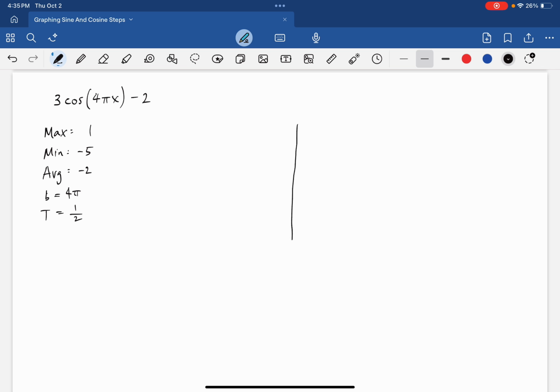And so the first step I'm going to do is drawing the tick marks. Let's do it up here. So here's my x-axis. And first, I'm going to locate my maximum and my minimum. So my maximum is going to be right here at 1. And my minimum is down here somewhere at -5. And then I'm going to draw my average at -2. Okay?